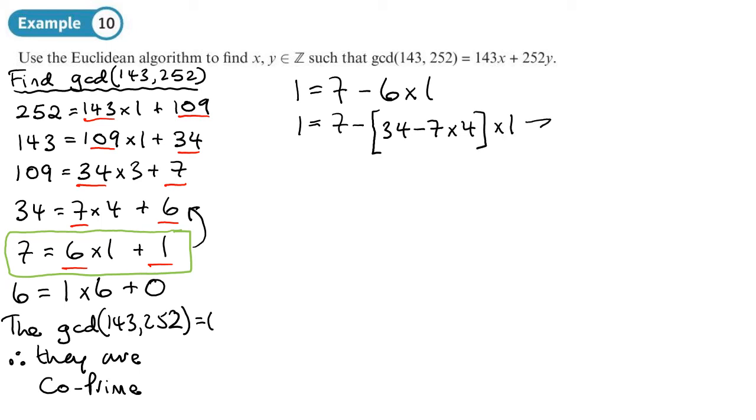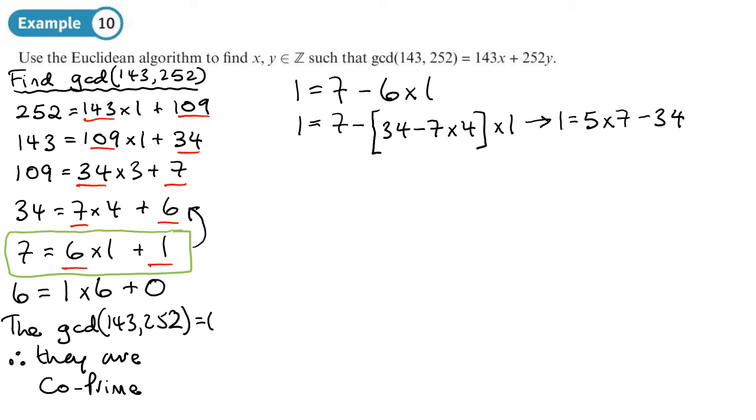We simplify it before moving on, so that would give us a 7, and then this will be adding 4 lots of 7, so that'll be 5 lots of 7. So that'll be 1 equals 5 times 7, and then minus 34, which makes sense. 35 minus 34 is 1.